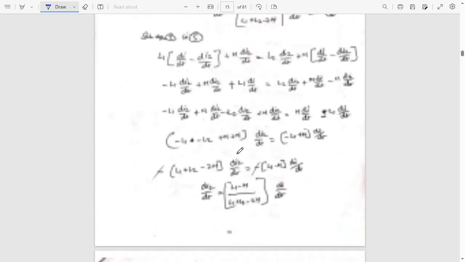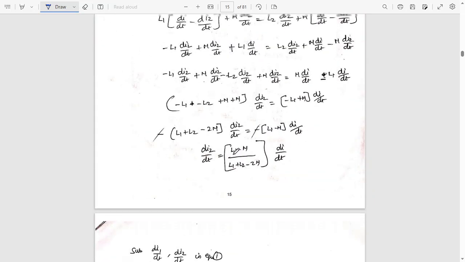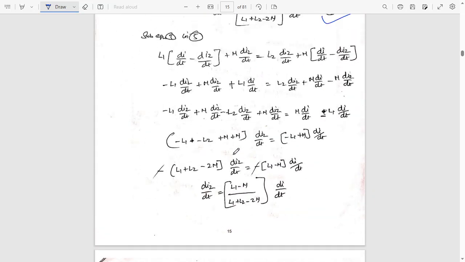I will go to the answer directly because it is a simple calculation. I will get di2 by dt equal to L1 minus M by L1 plus L2 minus 2M times di by dt. So I got di1 by dt and di2 by dt.